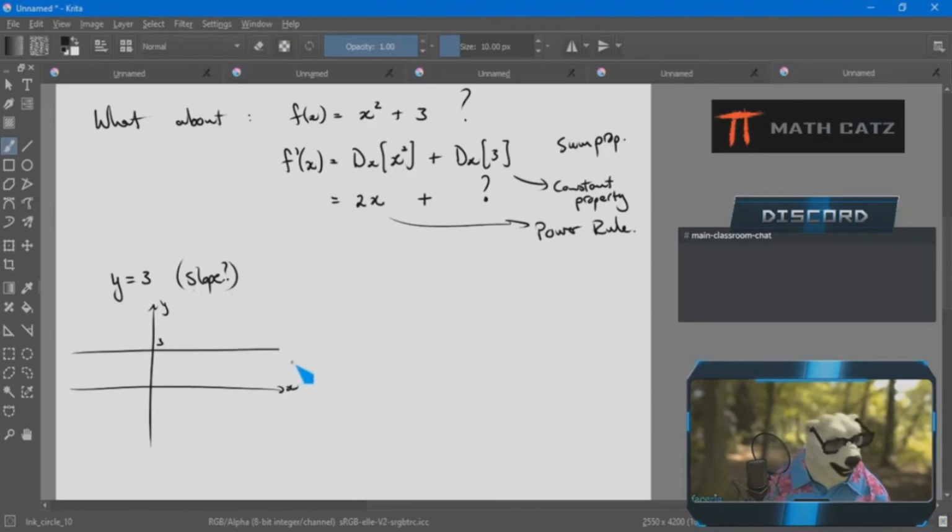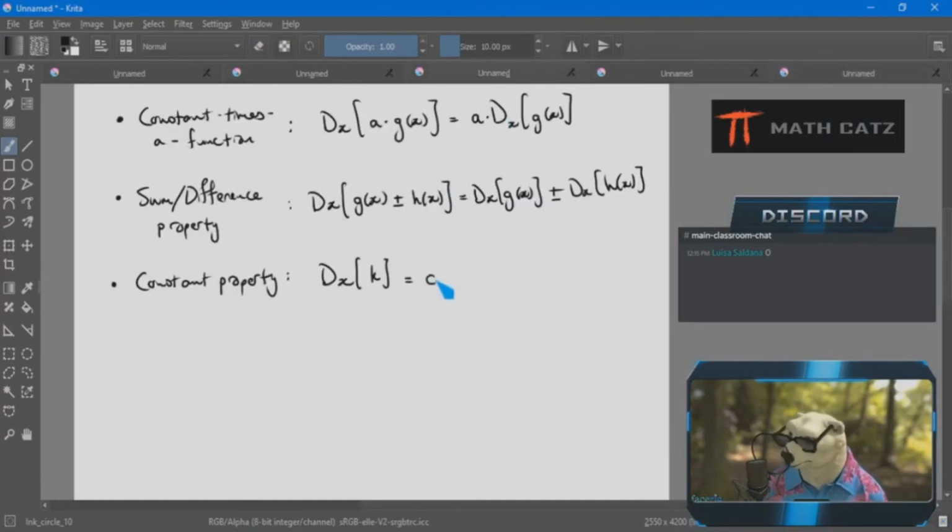What is the slope of a horizontal straight line? It's 0. So it's not hard to convince yourself that the derivative of a constant should be 0. And it is 0, because that's a horizontal straight line. Constant function, 0 slope. We've already seen that.